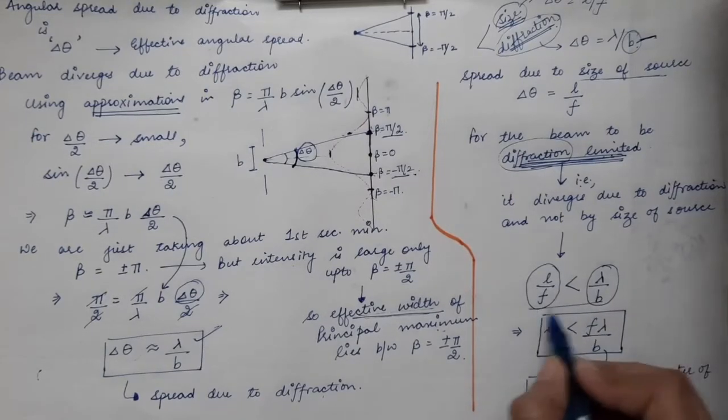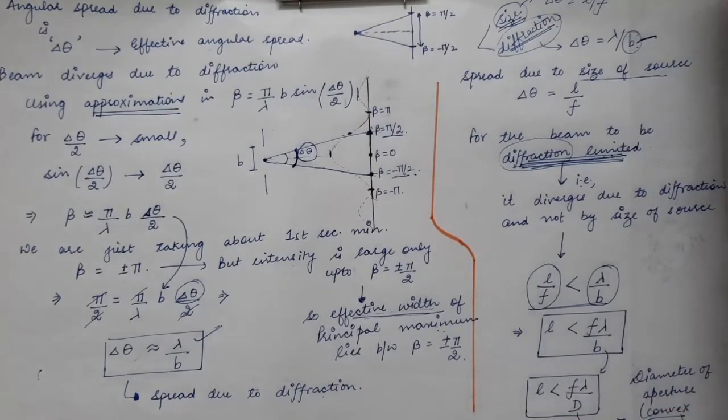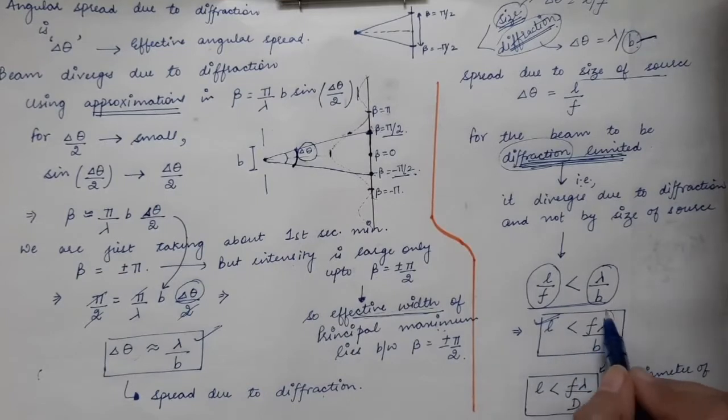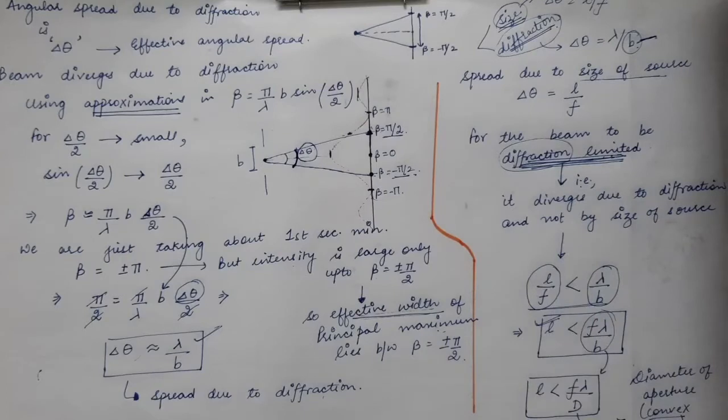Rearranging, the length of the source is less than F into lambda divided by small b. This is the condition the length of the source must satisfy; only then is the beam said to be diffraction limited.